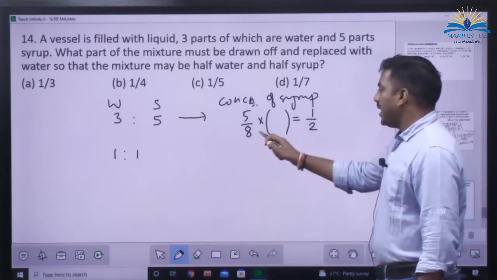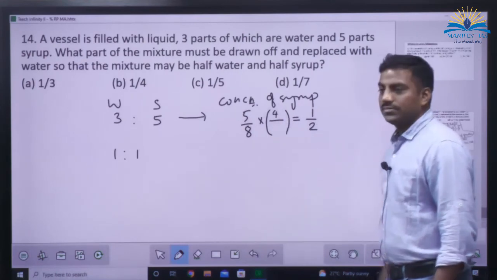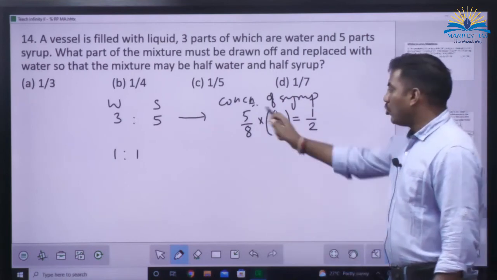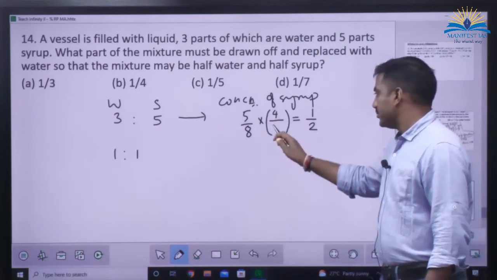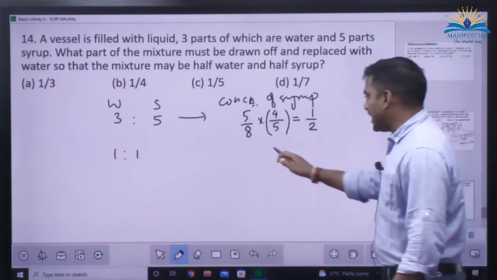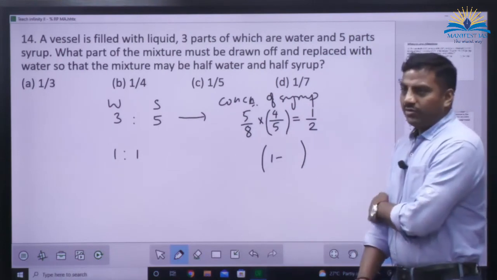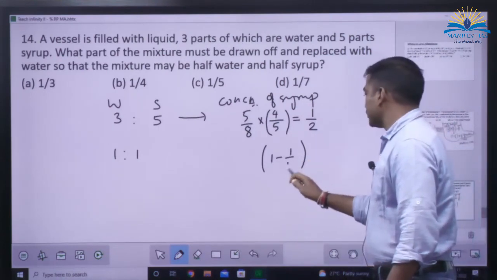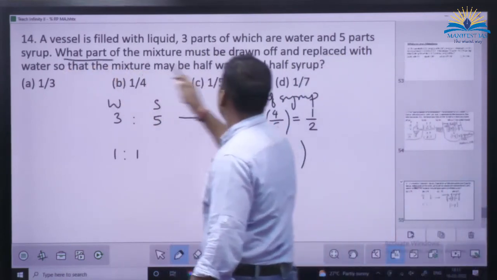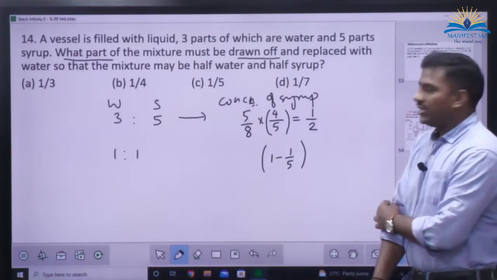In place of 8, I want 2, so I'll multiply by 4. 4 ones are 4, 4 twos are 8. So 4 by 5 can be expressed as 1 minus 1 by 5. What are they asking? What part of the mixture should be drawn off? 1 by 5, that's it.